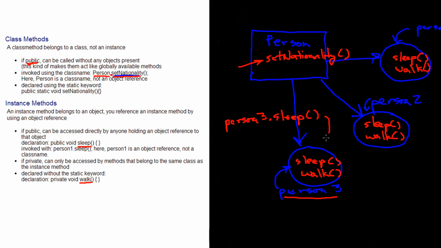That would call the sleep method in person 3. If I said person 2 dot sleep, I'd call the sleep method in person 2. So those are the ways that I can invoke instance methods. It's a little different than invoking a class method. To invoke a class method, you use the class name, and to invoke an instance method, you use the reference to the instance object.